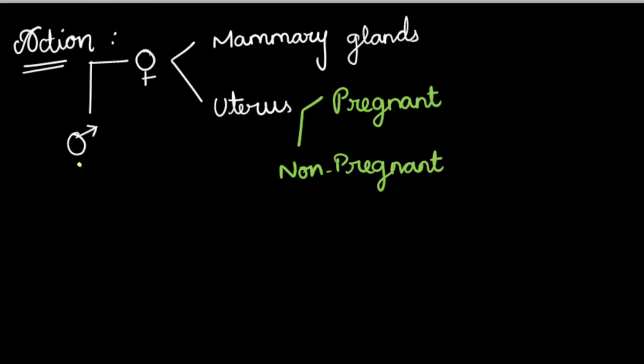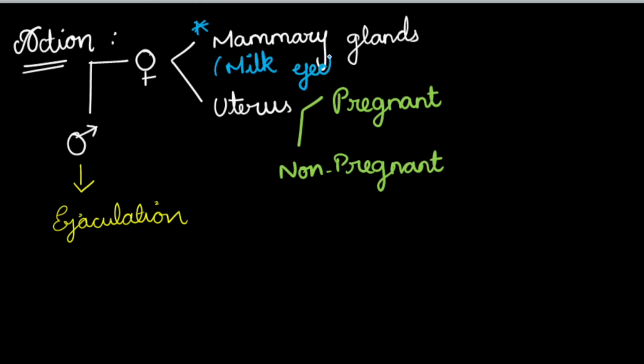And as I mentioned, it helps in the reproduction process; in males it helps during ejaculation. I will explain later how it acts. First, the action of oxytocin over mammary glands was clearly explained in our previous video regarding the milk ejection reflex. I will place the link above. If you have any doubt regarding it, kindly check it.